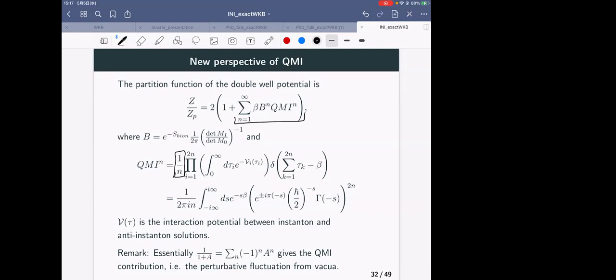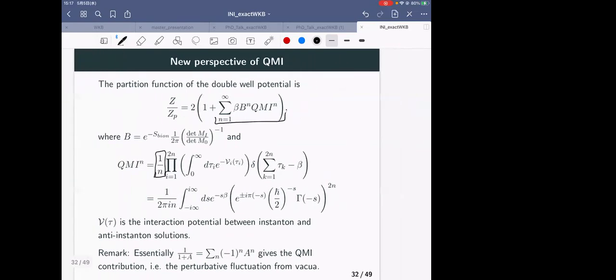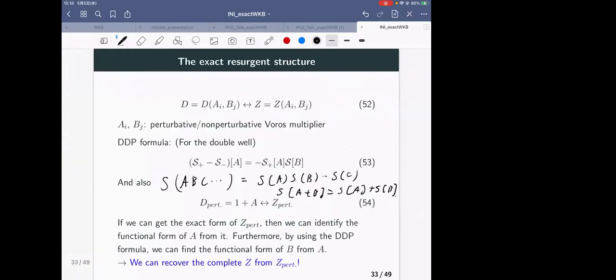Let me confirm my understanding. I understood from your formula that, for example, one type of Morse multiplier, A, contains all the information of the perturbation series at, say, the trivial vacuum. And B contains all the information of connecting the trivial vacuum to other non-trivial saddles.